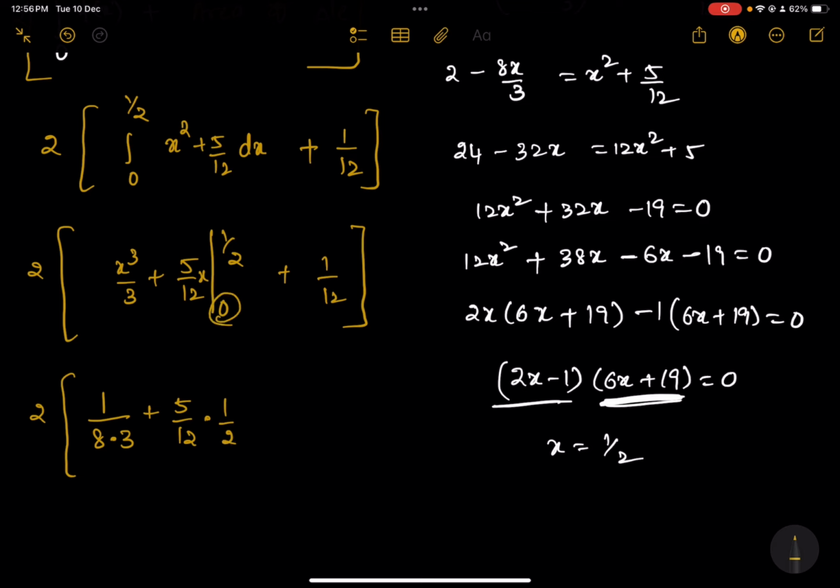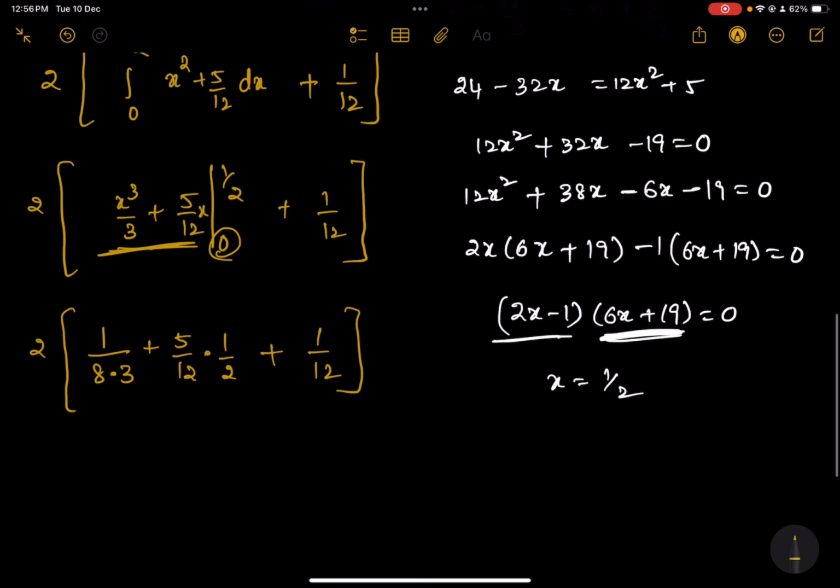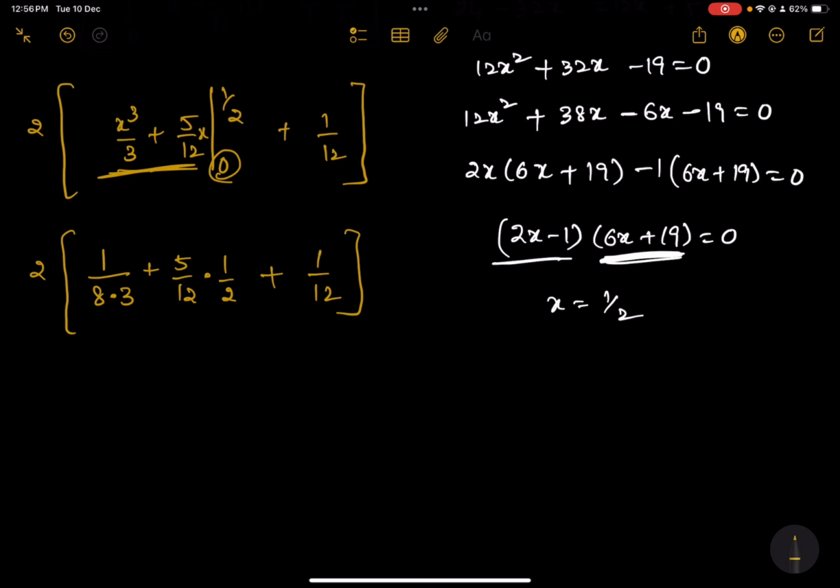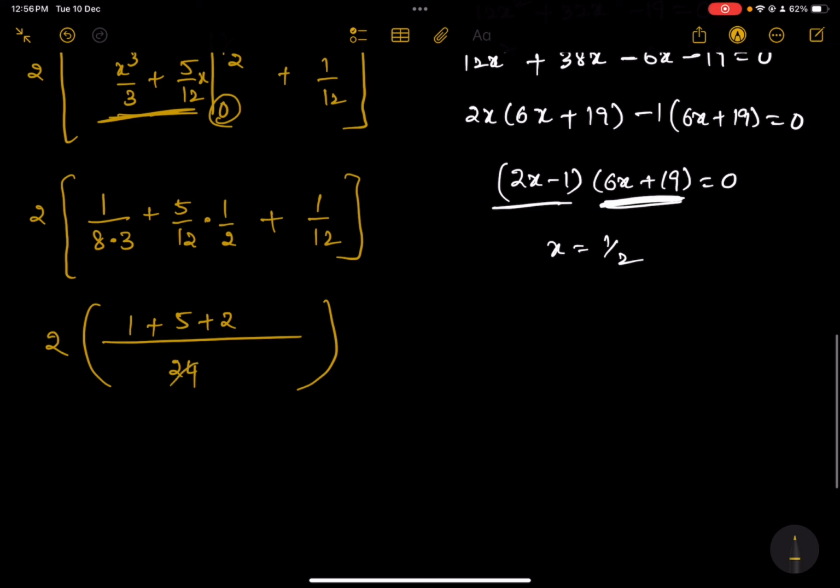When you put 0, this entire expression will be 0, plus 1 by 12. The LCM here is 24. 1 plus 5 plus 2, there is 2 outside. So this is 12. 5 plus 2 is 7, plus 1 is 8. 8 upon 12 is the area.